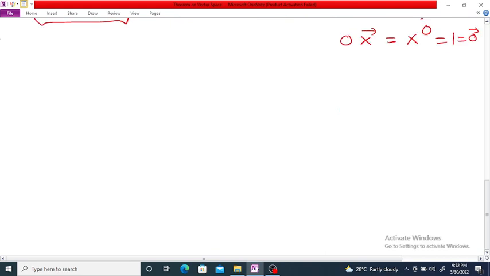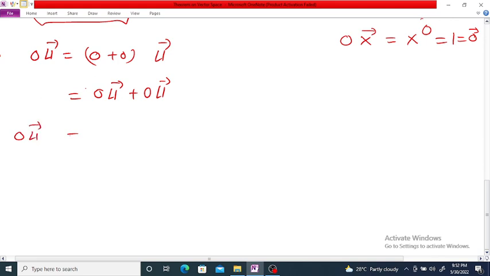So first, again, you can see here 0 u bar is equal to 0 plus 0 u bar. By using M2 we can write this as 0 u bar plus 0 u bar, and on both sides, if we add the additive inverse, minus 0 u bar, then we get 0 u bar plus 0 u bar plus minus 0 u bar.